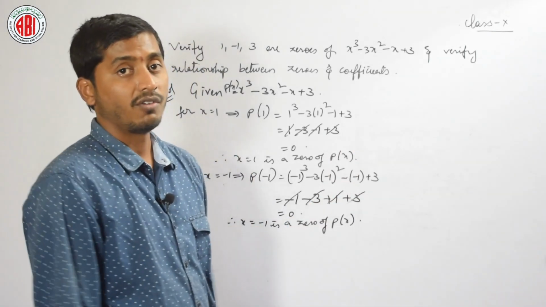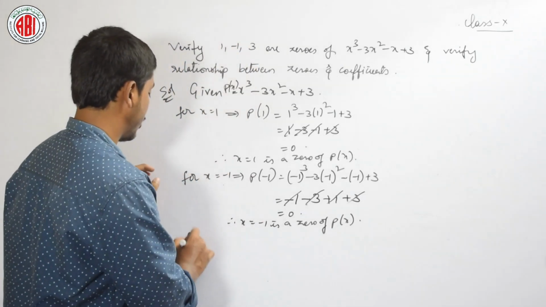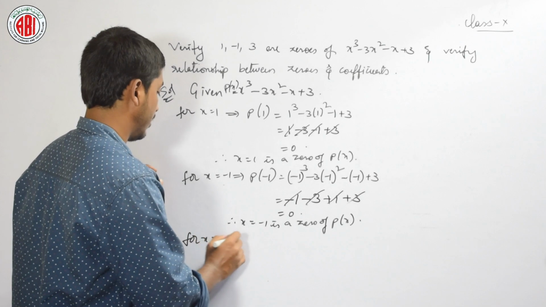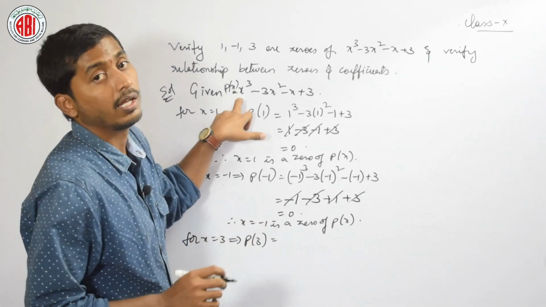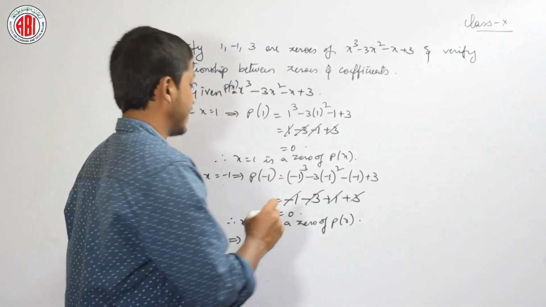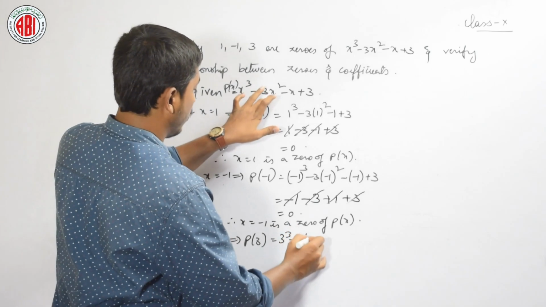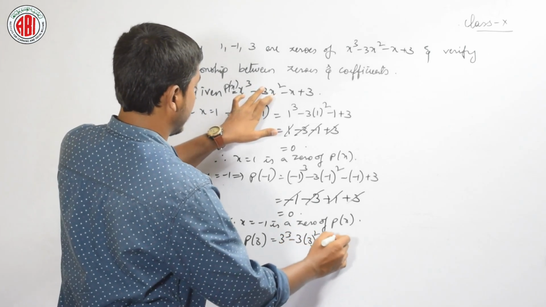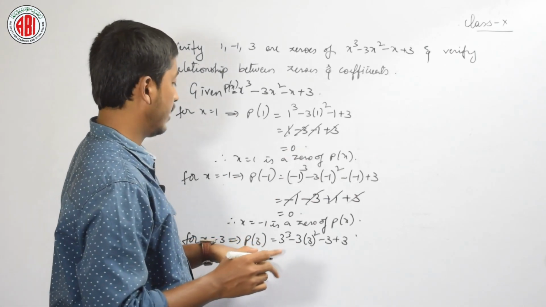Is it right? Now what is the third root given? 3. Now let us substitute for x is equal to 3, p of 3 is equal to, we have to substitute 3 instead of x, that is 3 cube minus 3 into 3 square minus 3 plus 3, right. Now let us simplify.